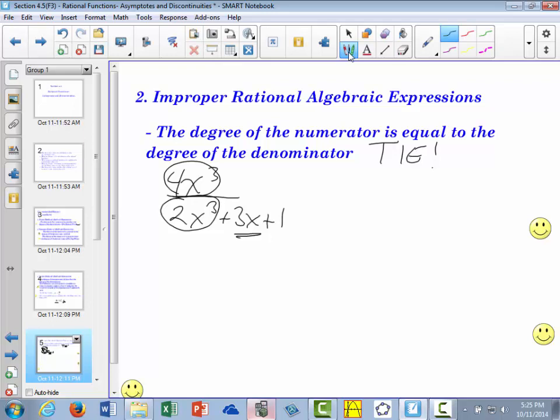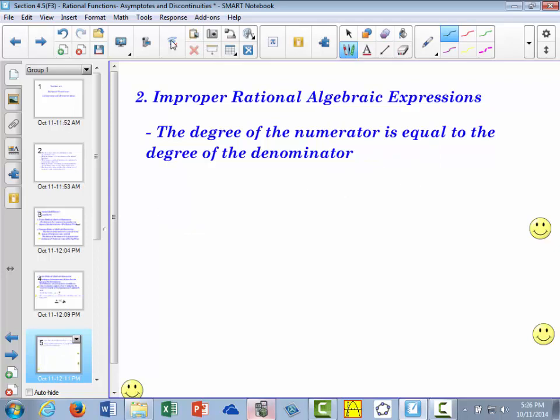So what we ultimately end up doing is comparing the leading terms here, the degree of the numerator, the 4x cubed and the 2x cubed, and we simplify. Okay. And that simplifies. The x cubes are going to cancel out, and we end up with a 2 in our simplified expression, which is where we saw the function approaching.